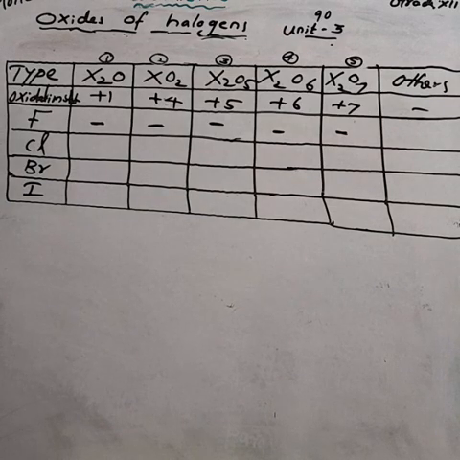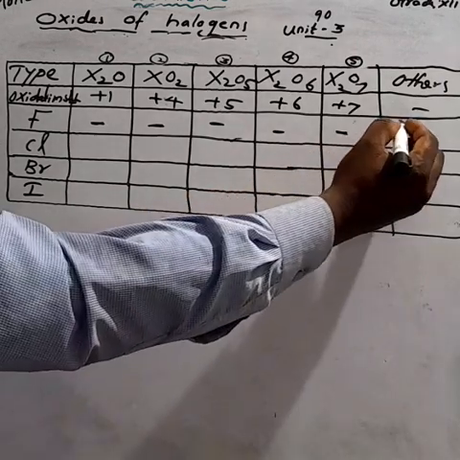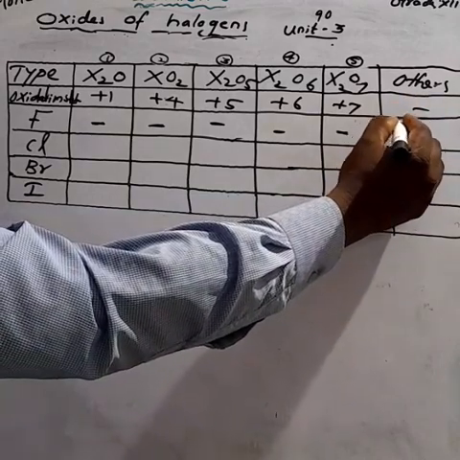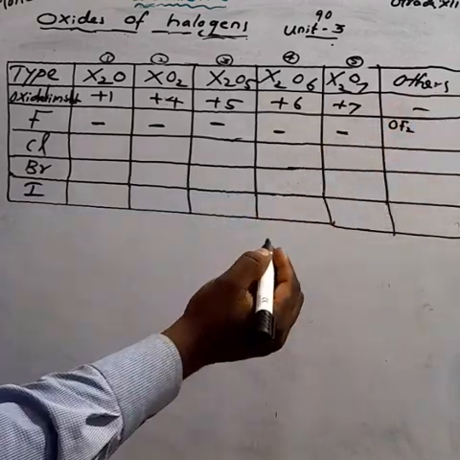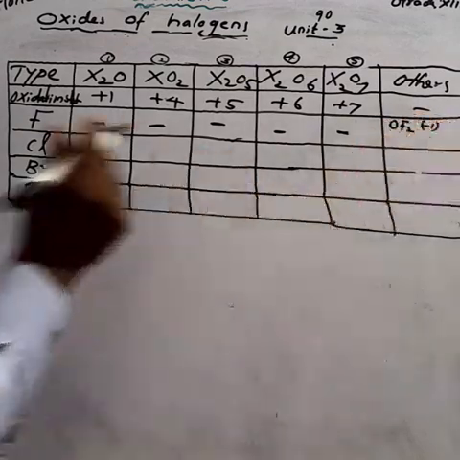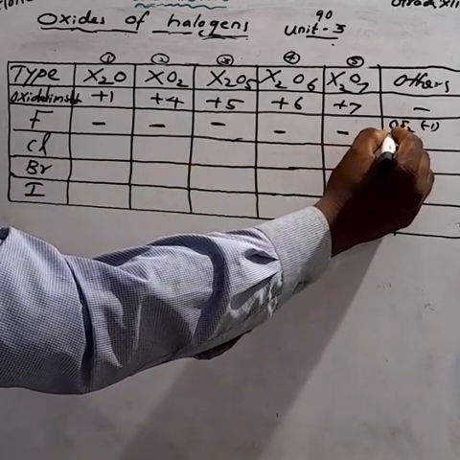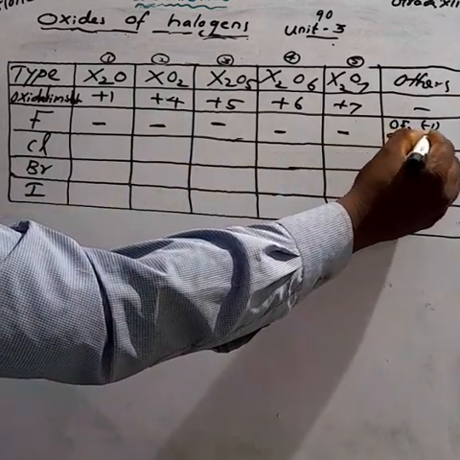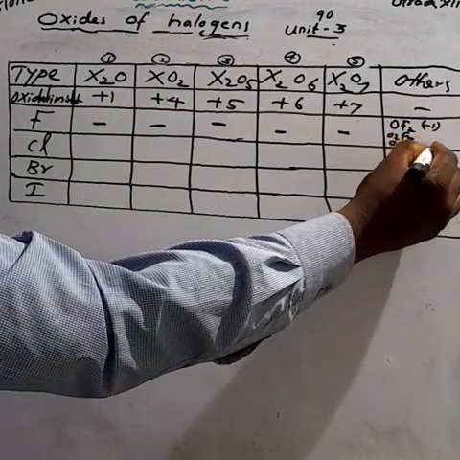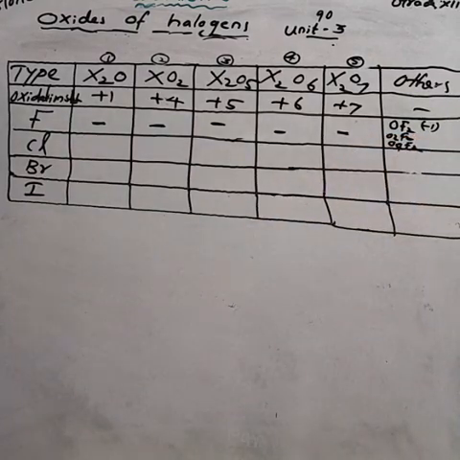Except fluorine, other halogens can form them, but fluorine can form other types, such as OF2, where the oxidation state is -1. Then also O2F2, and one more, O4F2.